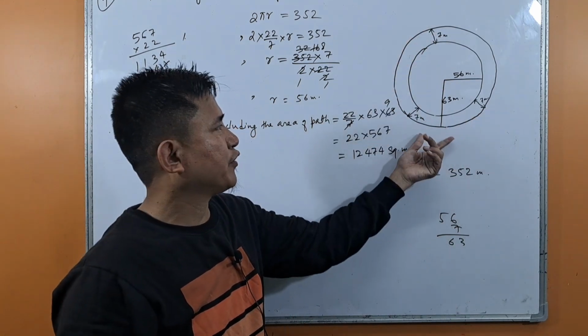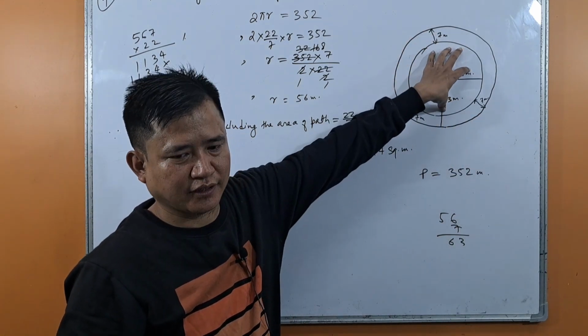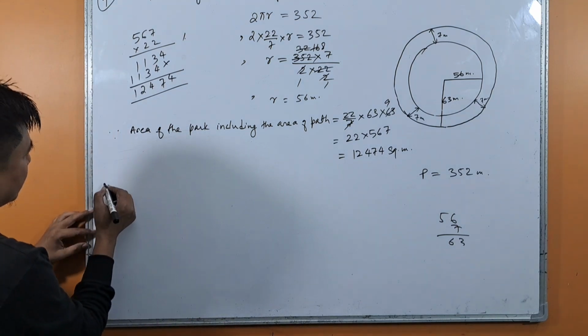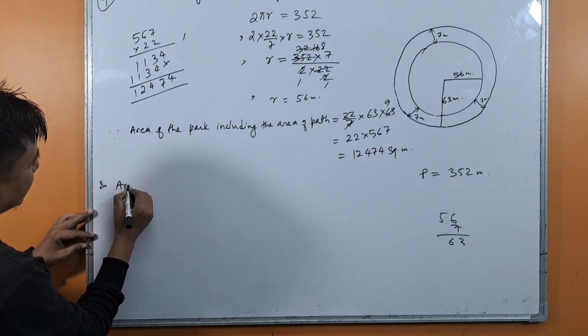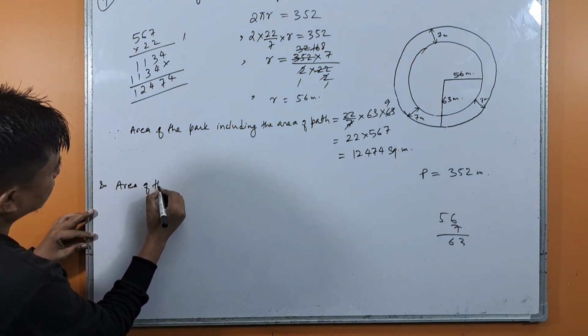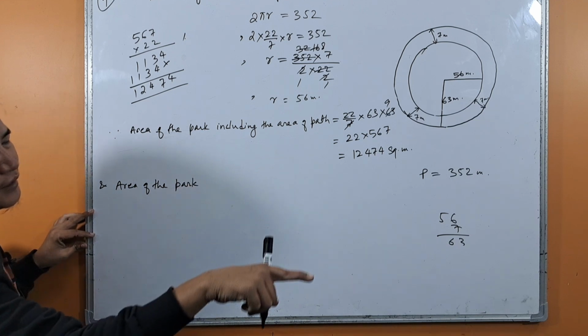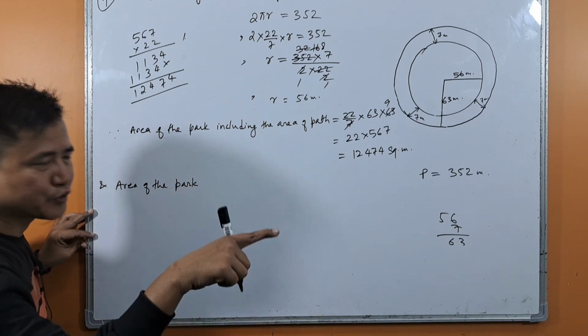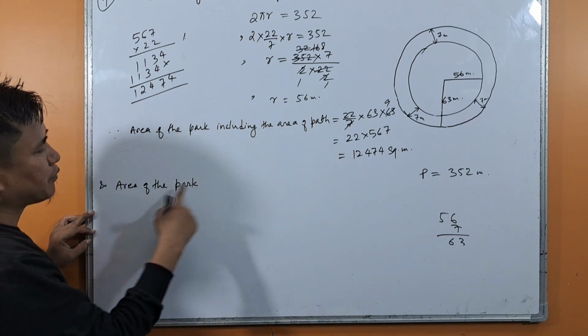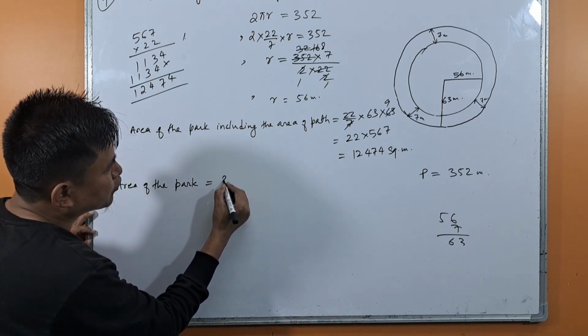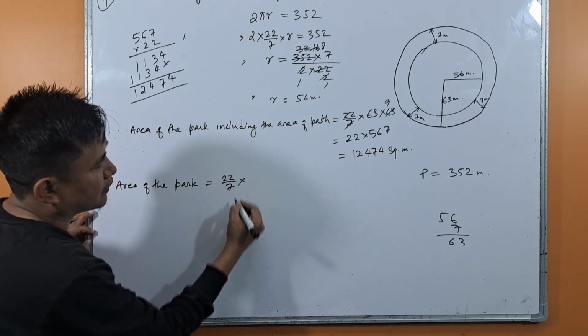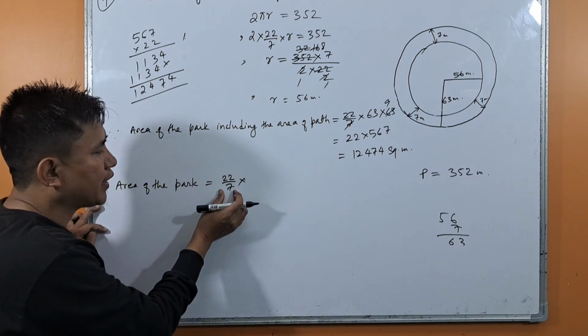Now we will find the area of the inner circle, that is the area of the park excluding the circular path. Area of a circle is pi r square, so 22 by 7 into r square.